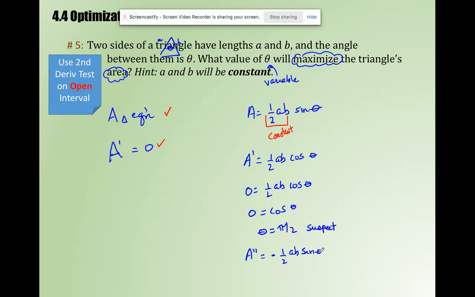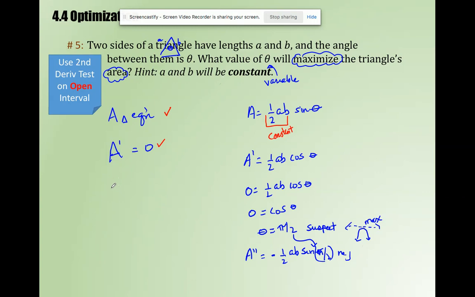Sine of pi over 2 is 1. 1 times A and B are lengths of a triangle, so they're positive, times a negative. Horizontal tangent, because the first derivative was equal to 0. Second derivative is negative, therefore concave down. Therefore, I must have passed through a maximum.